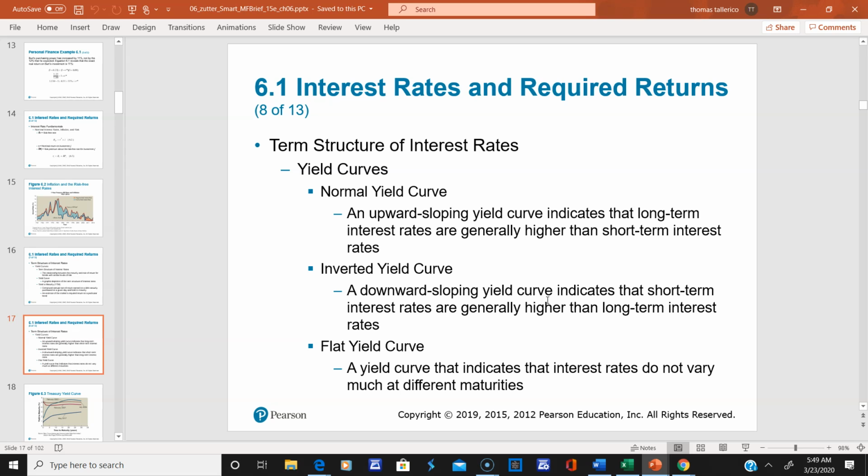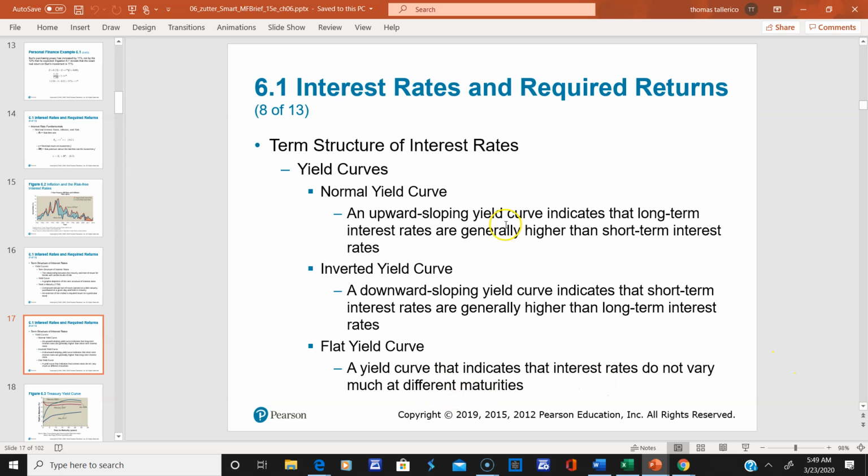I think I may have sent you some stuff on a recession or a depression. Things are really bad financially. An inverted yield curve indicates that we're going into a recession. And a flat yield curve, when interest rates aren't varying much, indicates that interest rates do not vary much at different maturities.